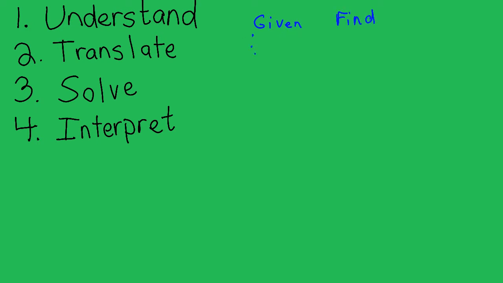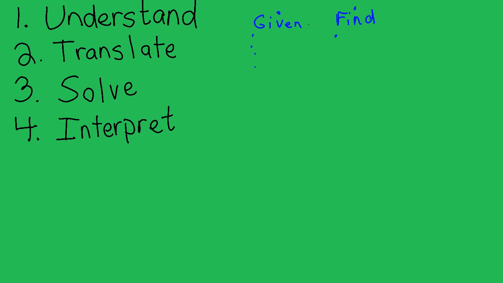and in the given column I'll just list out all the information they give me in the word problem, and then usually there's only one thing that they're asking me to find. So this kind of helps us separate out the known information, which is the given, from the unknown information, which is what we're being asked to find. And so remember, we've got an unknown here, so we should choose a variable to represent it.